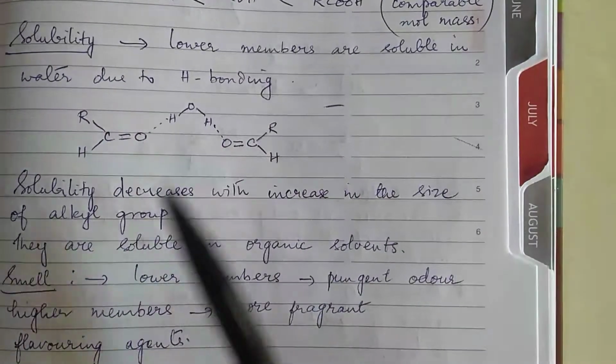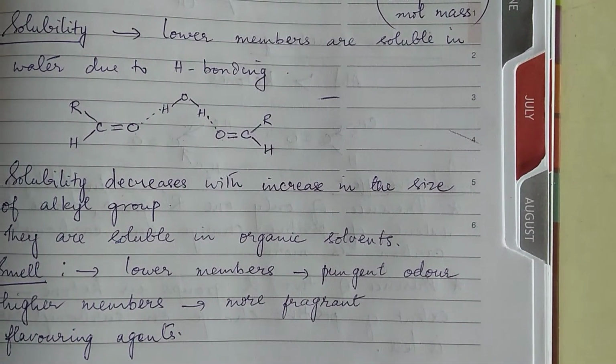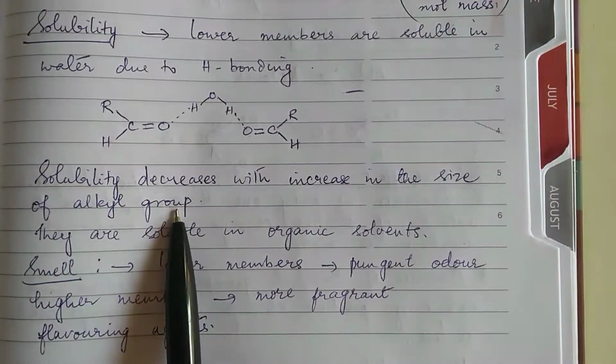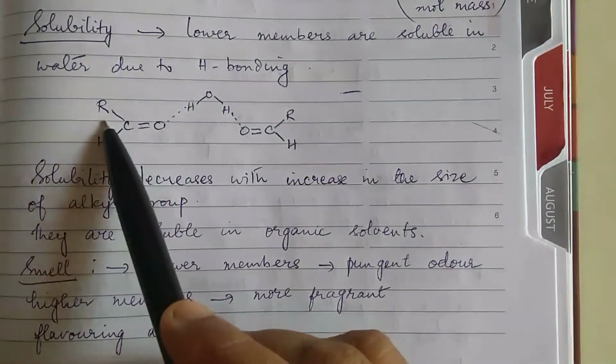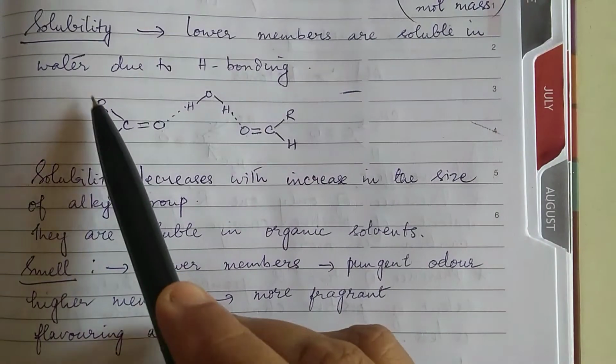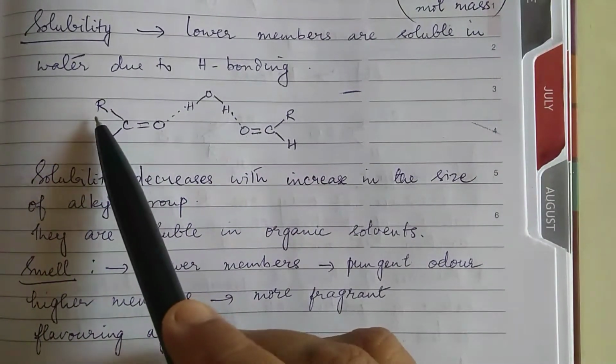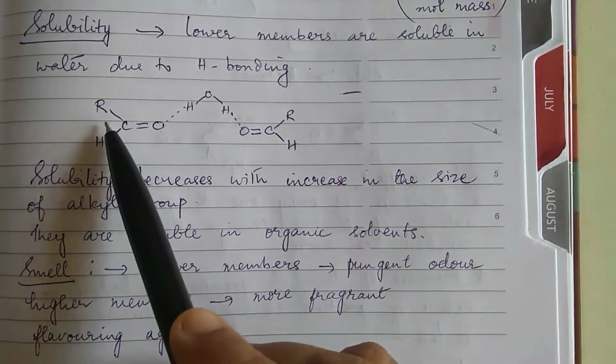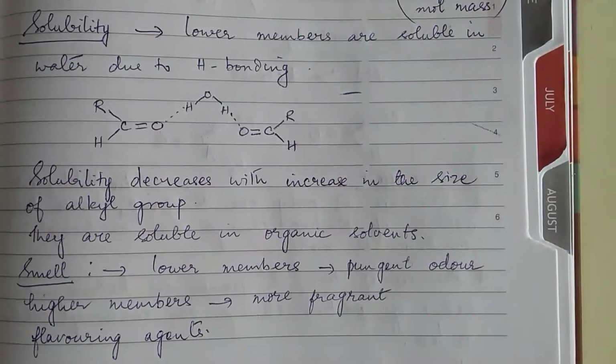Okay, but what you have to remember, solubility decreases with increase in the size of alkyl group. As and when the bulkiness of this R group increases, what will happen? Hydrophobic interaction will be more, because of which the solubility will become less.